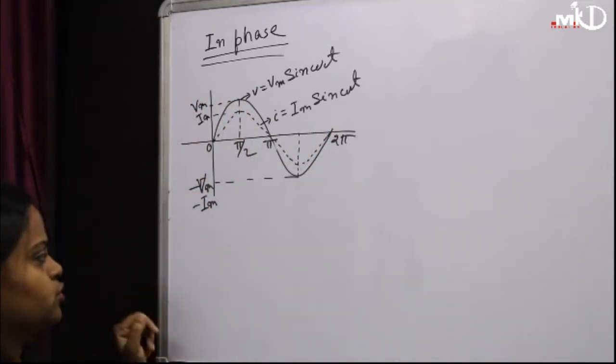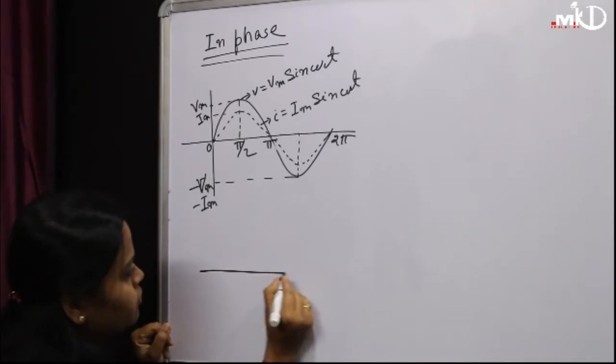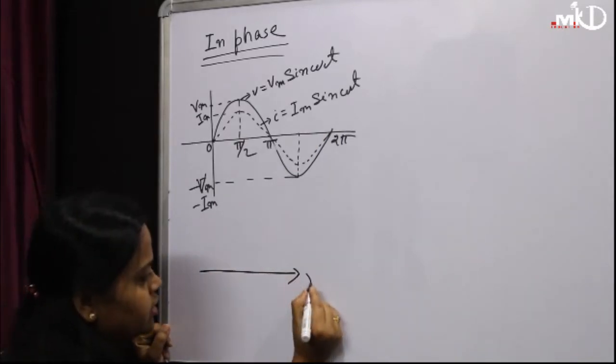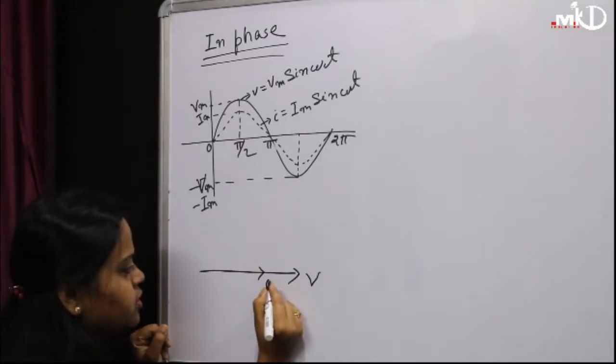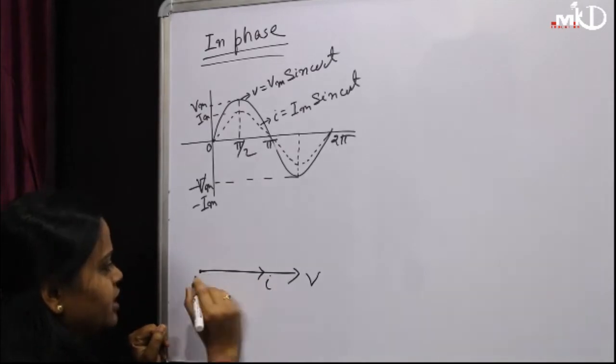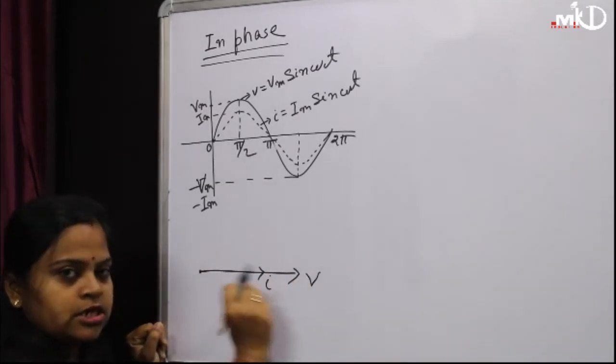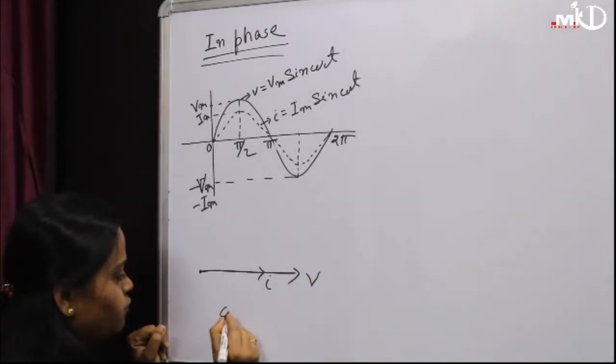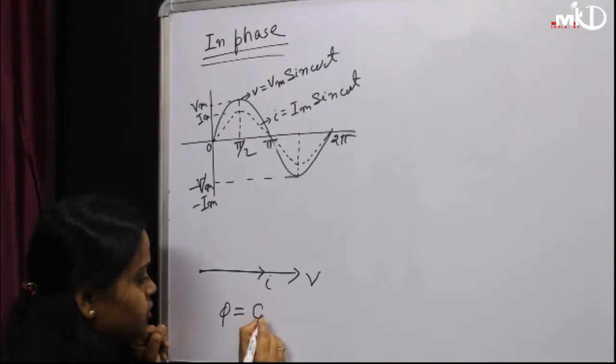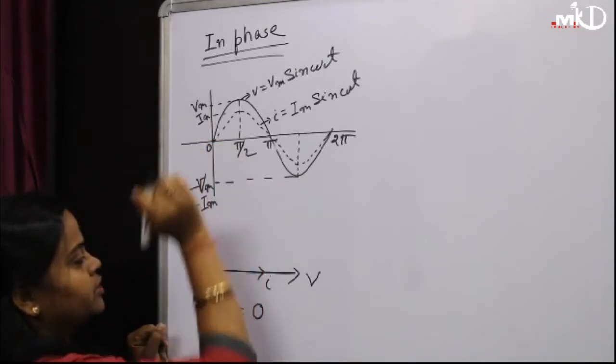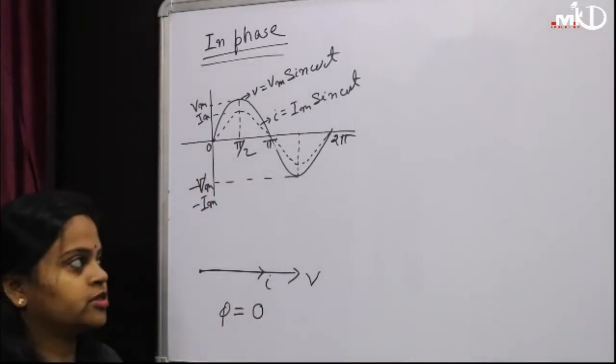Again it will be 0. In the phasor diagram, V and I are in one line, so the value of phi is 0. Both start from the same point. This is known as in phase.